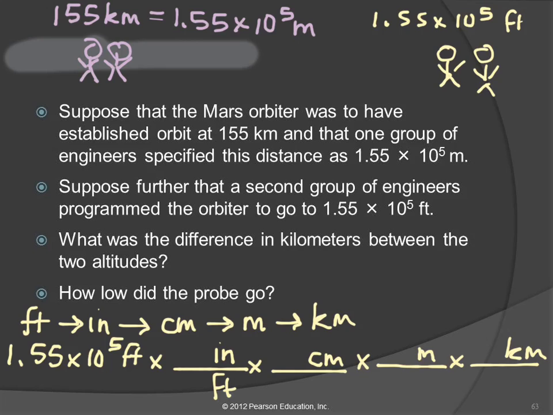So we'll put feet in the bottom, inches in the bottom, centimeters in the bottom, meters in the bottom. Hopefully you're seeing the pattern. All the units cancel out. They all cancel out because we made them do that.